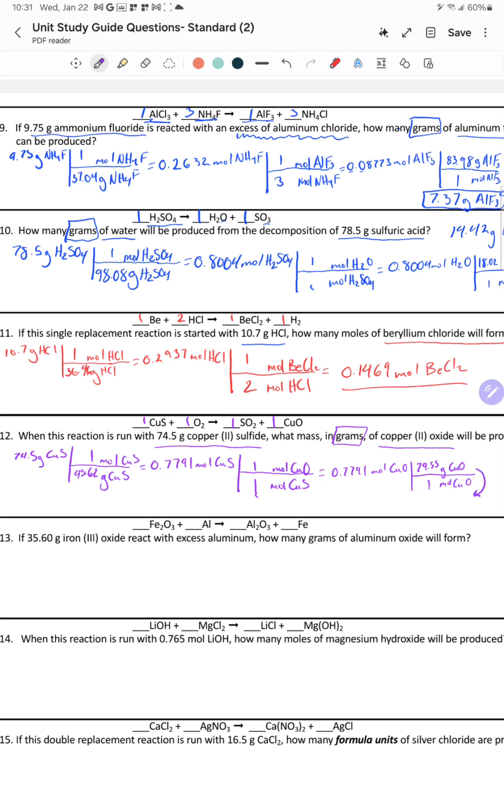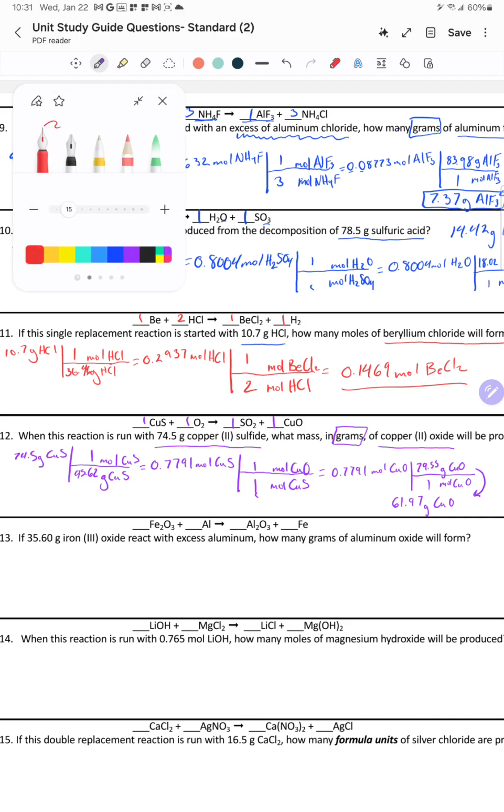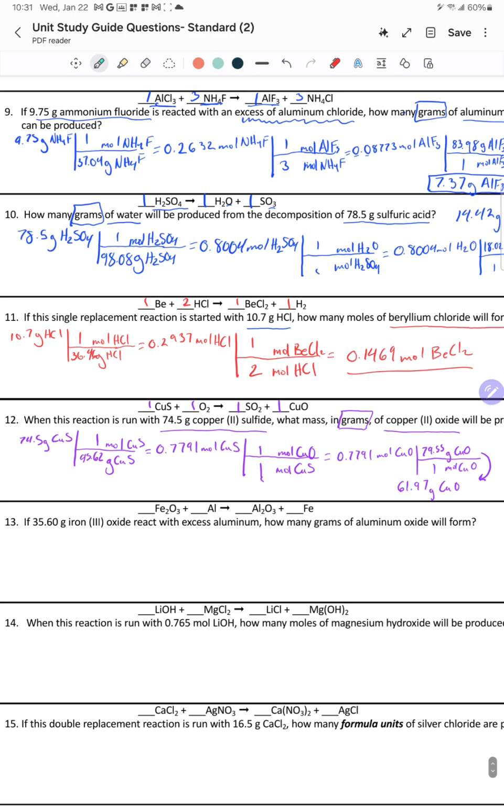That gives me a total of 61.97 grams of copper oxide. All right, only a few more left. Let's keep going. Hopefully you guys have some of this done so you're not having to watch every single moment of this video. Remember, this is just to help you out if you get stuck.